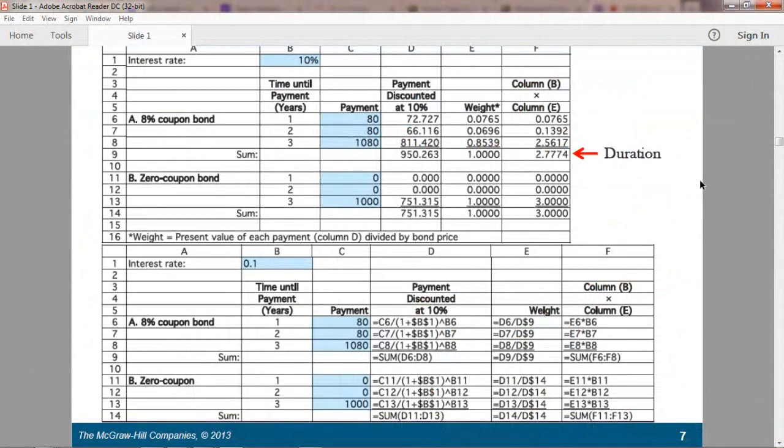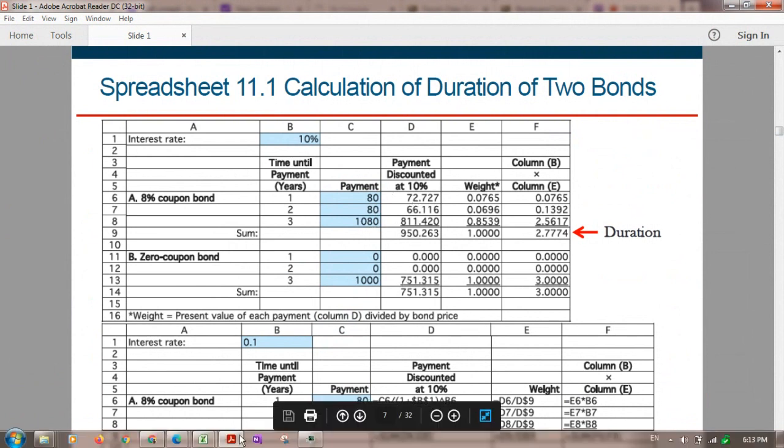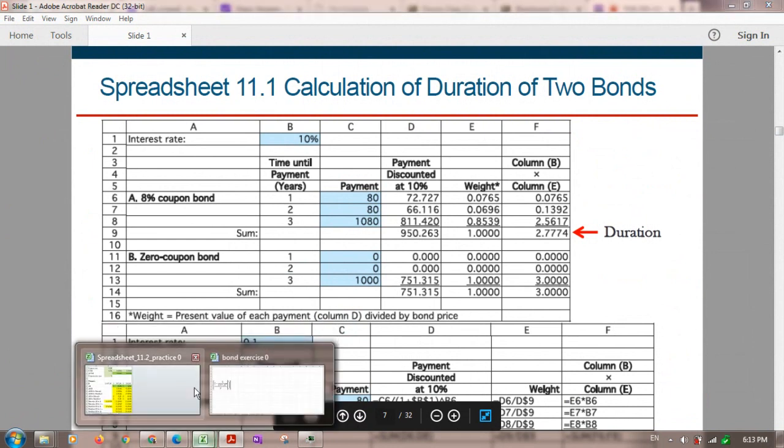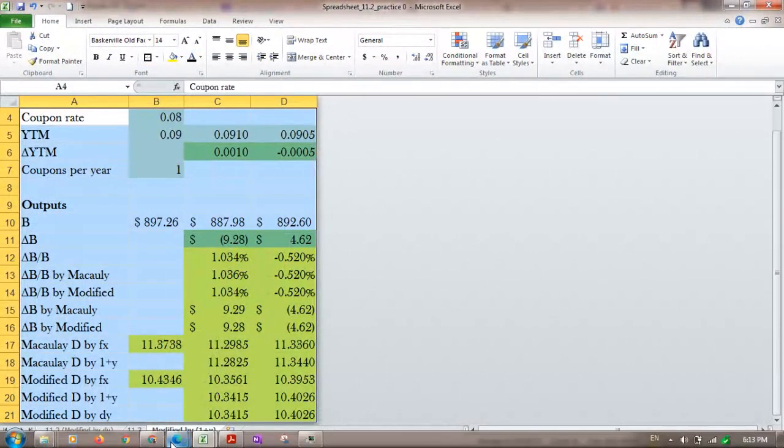We did this exercise in duration because duration is the weighted average of each time period, weighted by the present value of each coupon payment out of the present value of the bond, right? We did that example, and that's only one way.